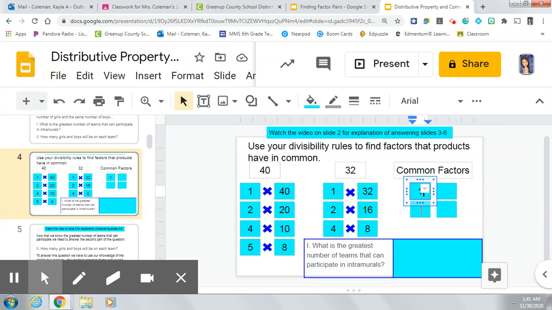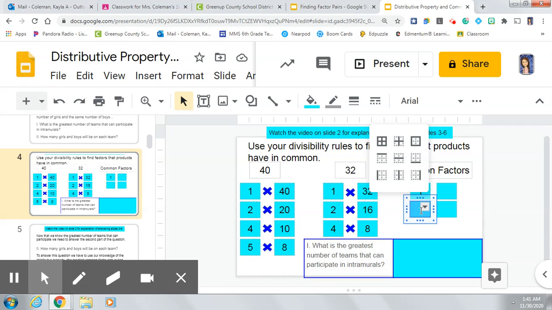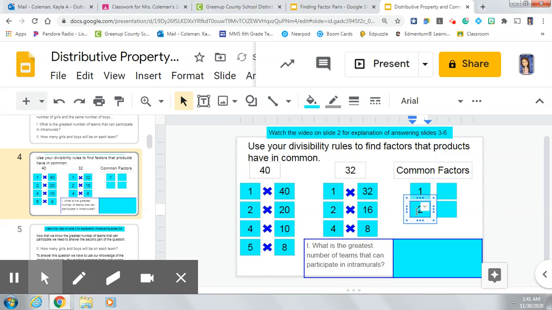We have a common factor of 2. We can have 2 teams. We can make 4 teams. We have a common factor of 4. We cannot do 5 teams. We could do 8 teams. We have a common factor of 8.